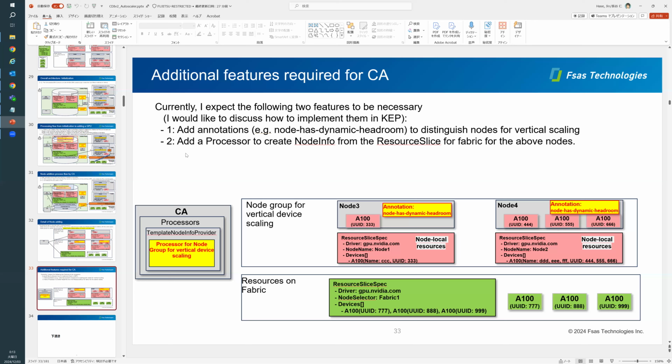And the second one is to add a processor to create node info from the resource slices for fabric for the above nodes. Yeah, this is currently my expectation. But I'm still considering what features are required for cluster autoscaler.